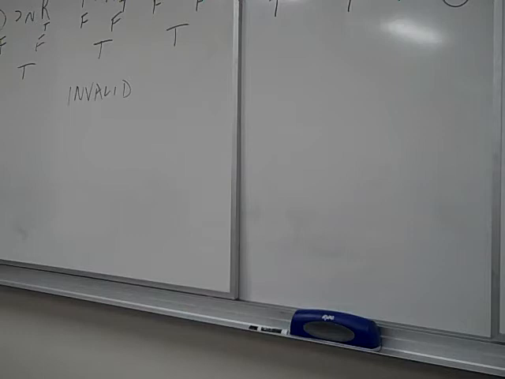That is so dark. Okay, so let me see if I could explain what we're doing, because that's probably the problem here. So we could use truth tables in order to determine whether an argument is valid or invalid.